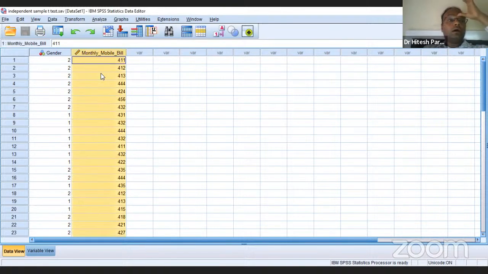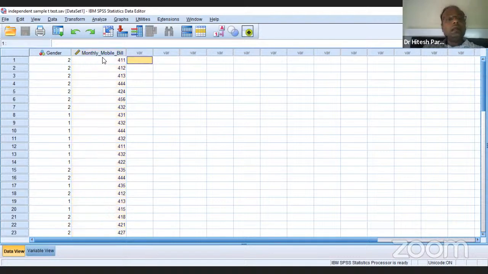Fine. So here the null says that there is no significant difference, and the alternative says that there is a significant difference. Now we are testing the null. We were discussing how to take the decision. So the software will give us the p-value, right?